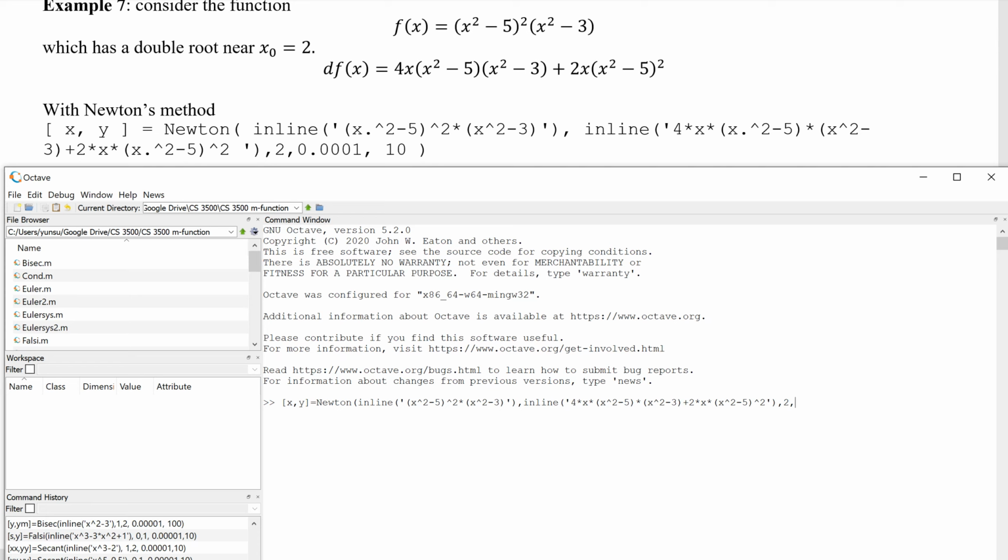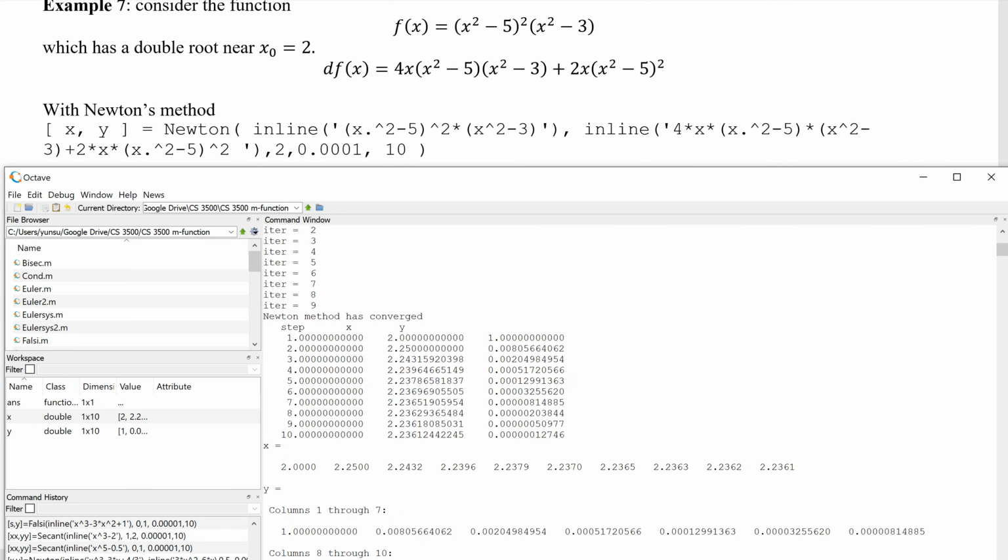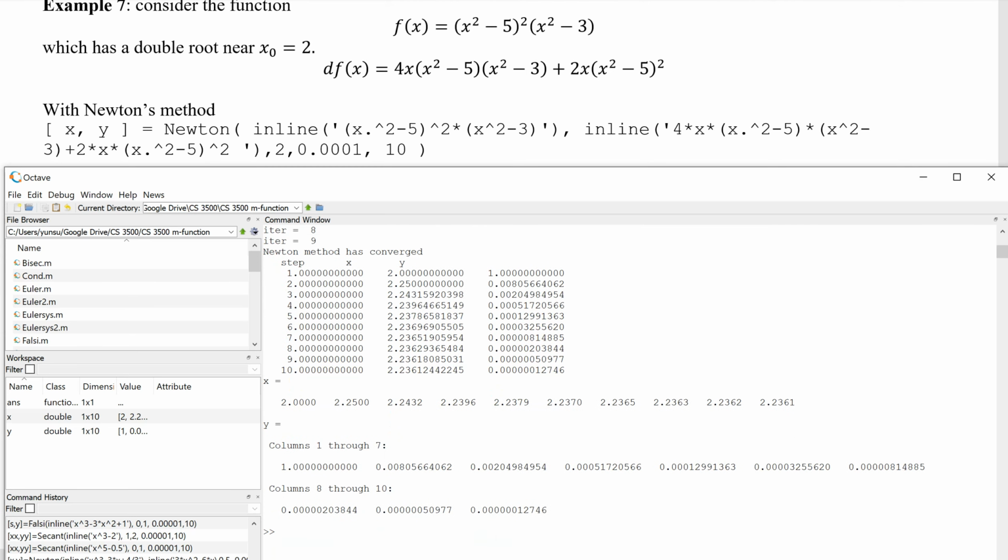It's not an interval. Unlike the bisection method, regula falsi method, and secant method, where we were given an interval, here we just have an initial point, one single value. The tolerance, let's do 0.0001, and let's do 10 steps. This is what we get. So far so good, everybody?